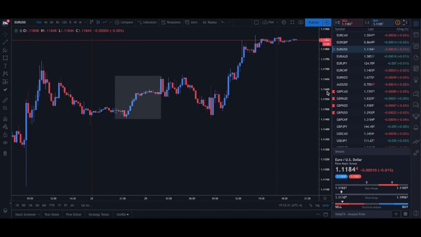One of the downsides I feel to trading the US session is that a lot of times the reversals are going to be very small, and you're not going to have a lot of trades during the US session that give you that really nice big reversal, unless it's induced by news events.